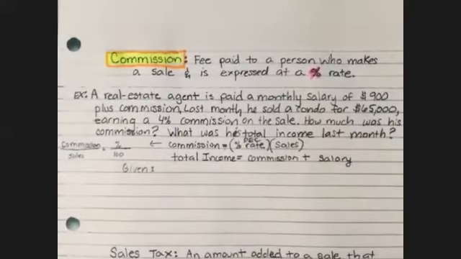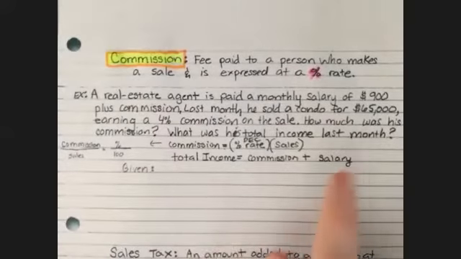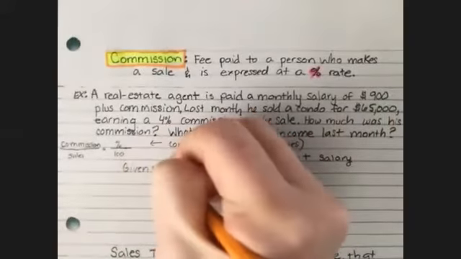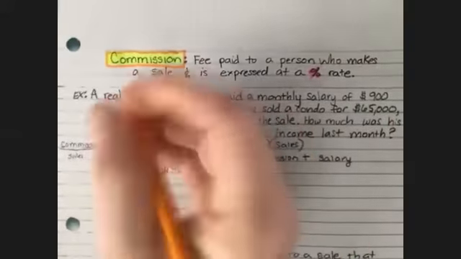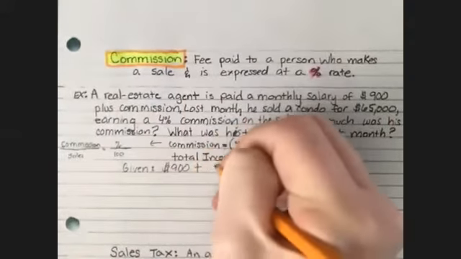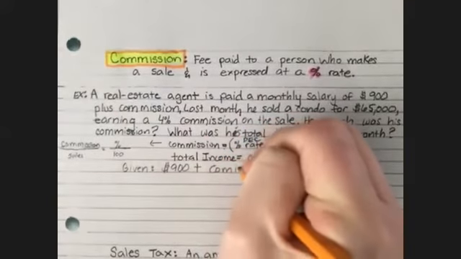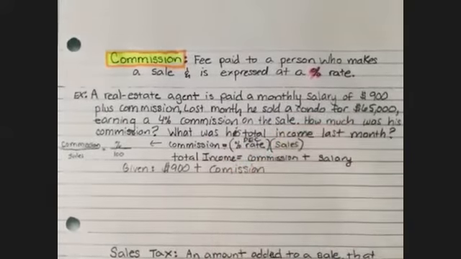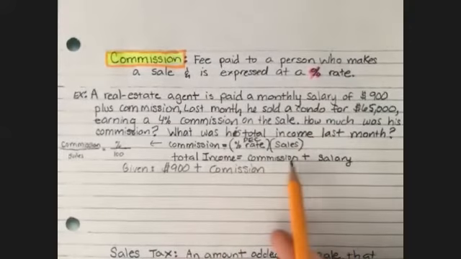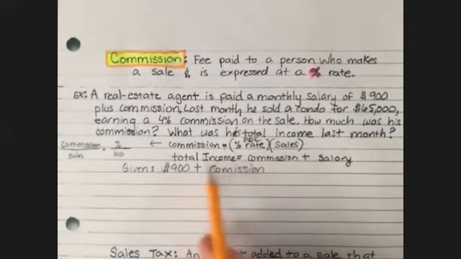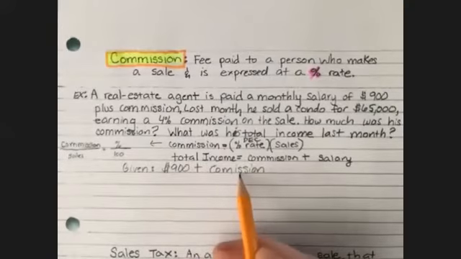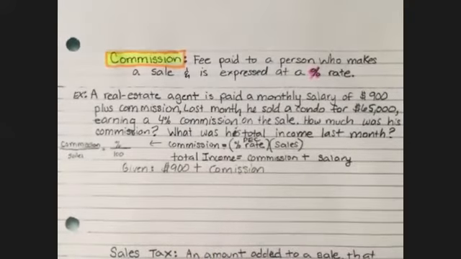Looking at the problem here, I see that he earns $900 plus the commission. I am noticing that it is equivalent to the total income. But now we need to figure out what that commission is.